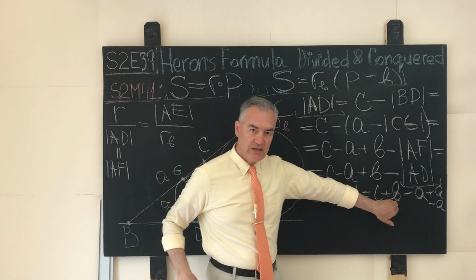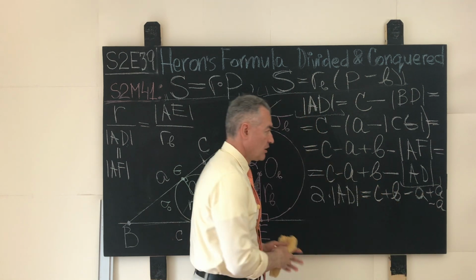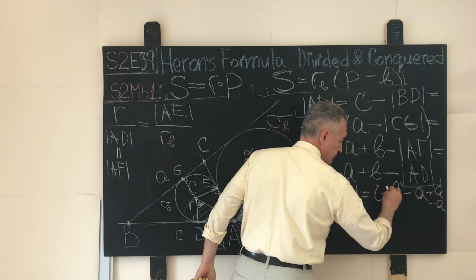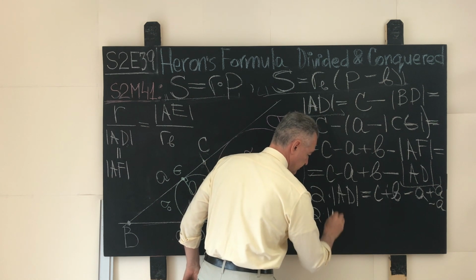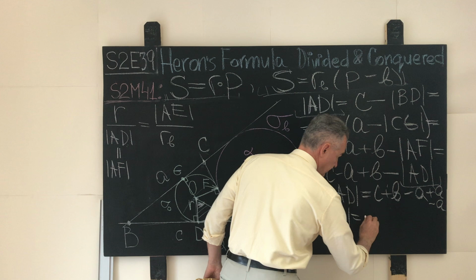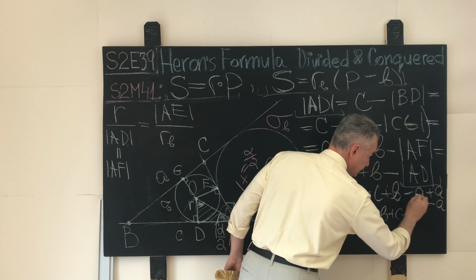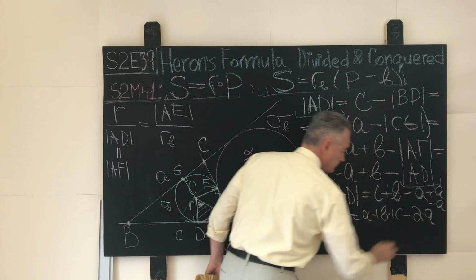C plus B minus A plus A minus A. We throw this copy of positive A into the mix over here, and what do we have? 2 times the distance AD is equal to A plus B plus C minus 2A. So far so good.